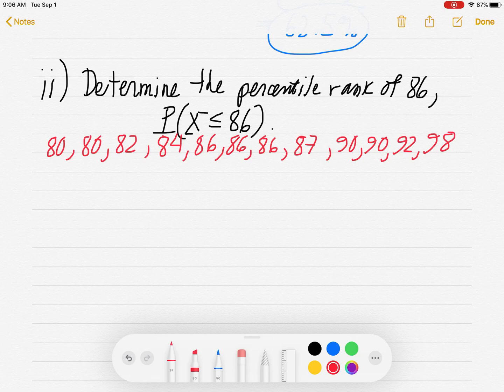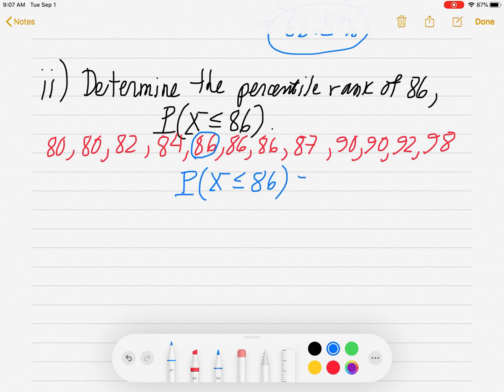So when you're focusing on 86, you're going to focus on the leftmost version of 86, the one farthest to the left. We're finding the percentage of x values less than or equal to 86.